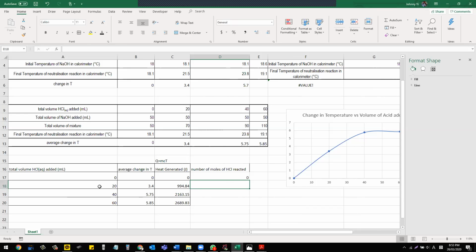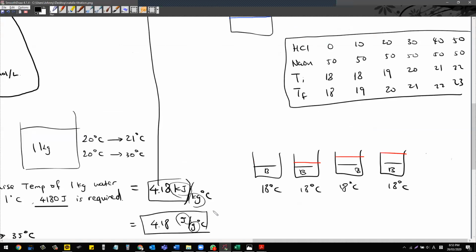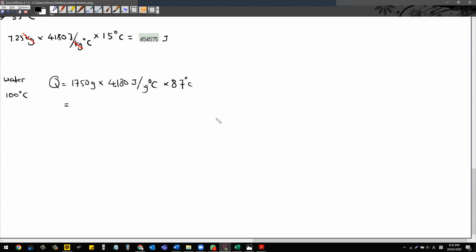Now, if you have like 50 mil of base, you add 10 mil, and the amount of energy generated is that. Delta H is the amount of energy generated divided by the number of moles of either that or that. Doesn't matter, right?